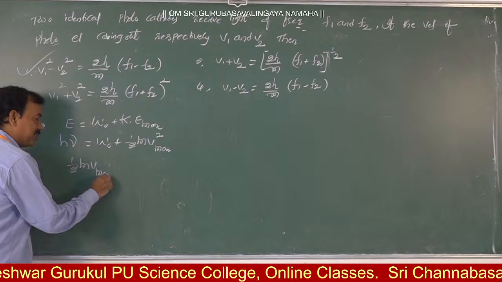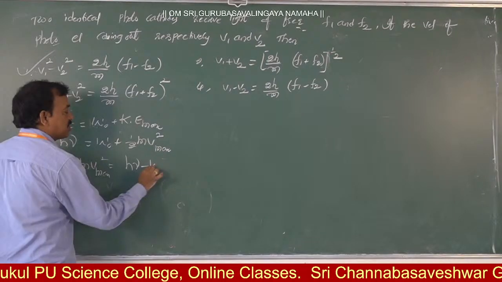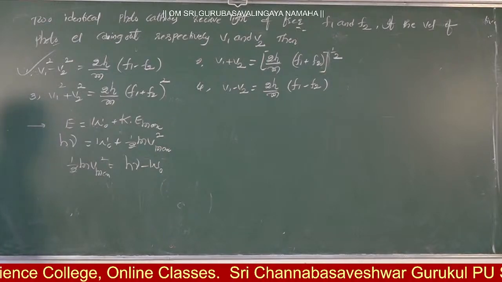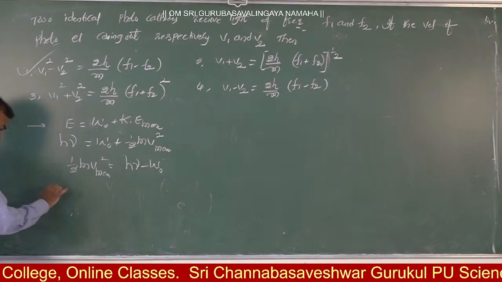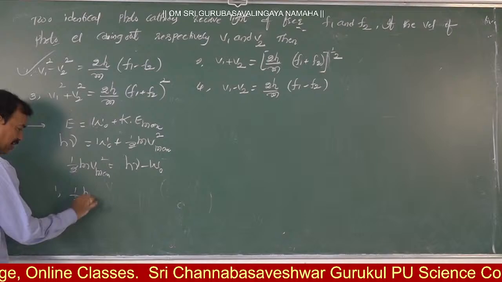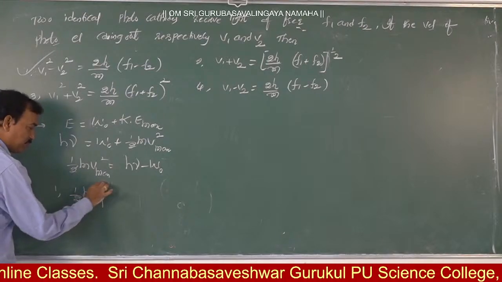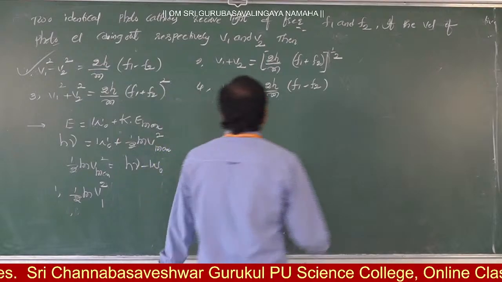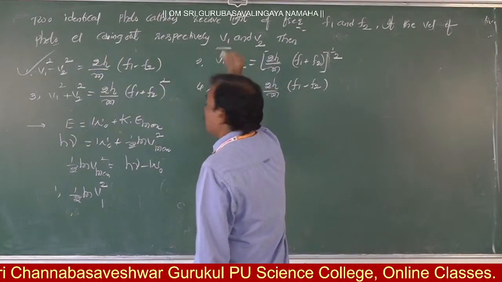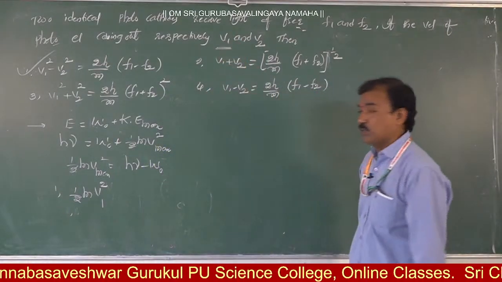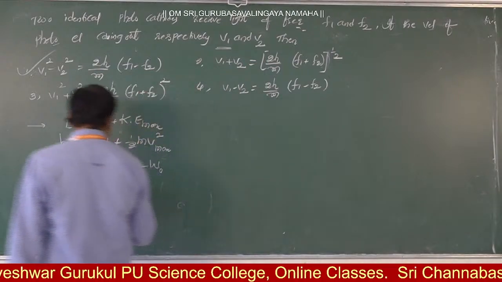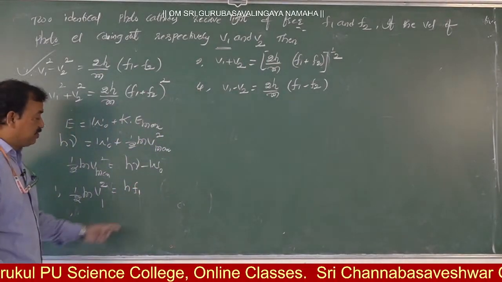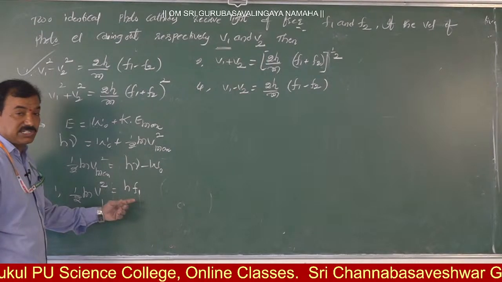h nu minus W naught. First case: half m v maximum square, that is v1 square, since the velocity for the first frequency of light is v1, is equal to h into f1, the incident light frequency, minus W naught.